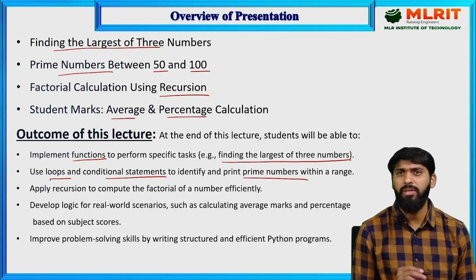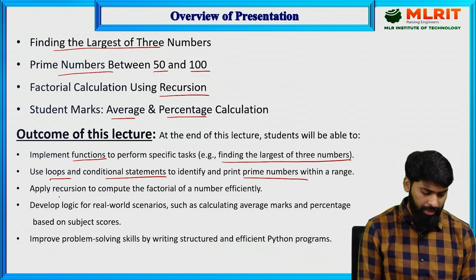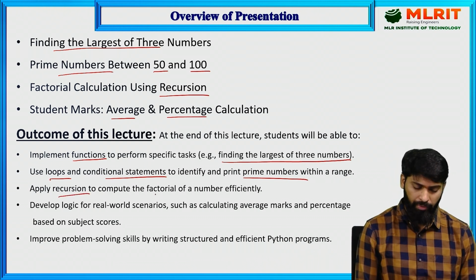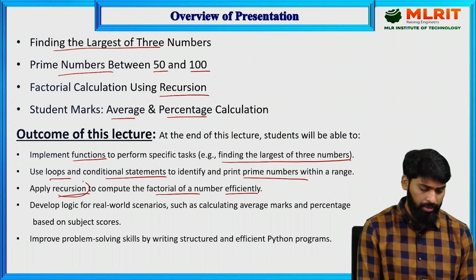You understand how to use conditional statements like if, else, and loops like for loop. Apply recursion to compute the factorial of a number efficiently. Here you learn how to apply the recursion.